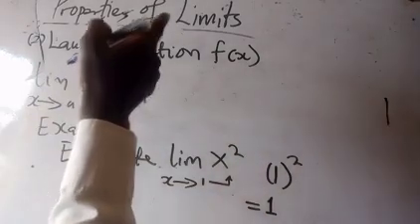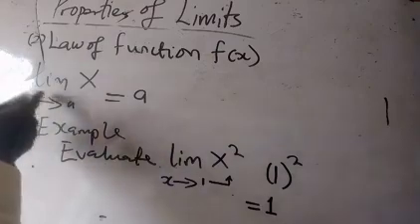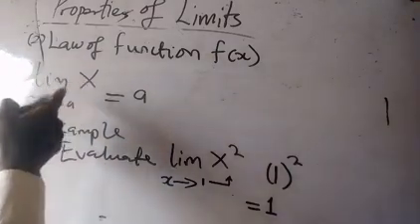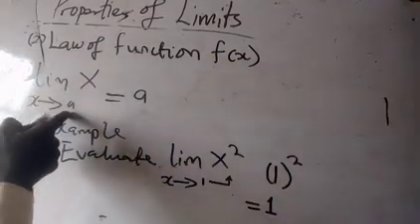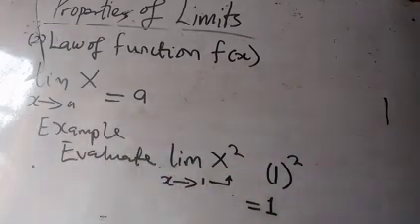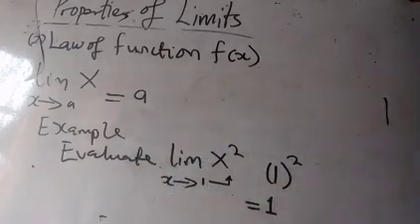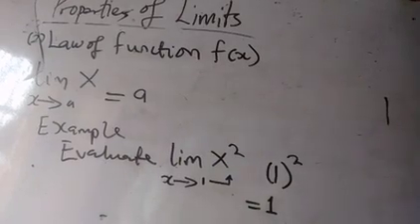So the law of function: the limit of x when x gets to a is a. And we have 2 examples where we understand the limit of f of x.